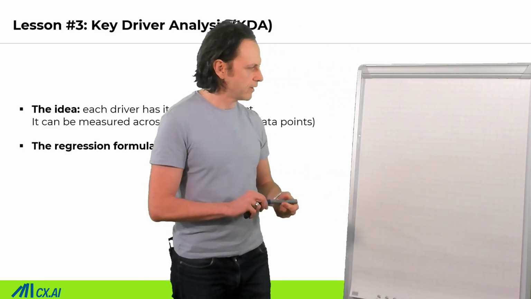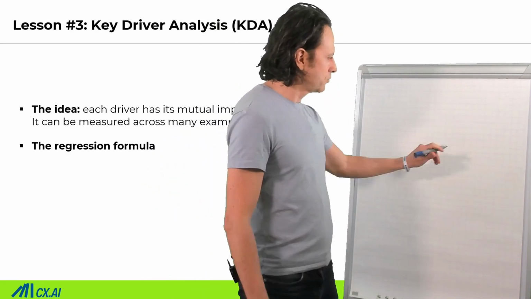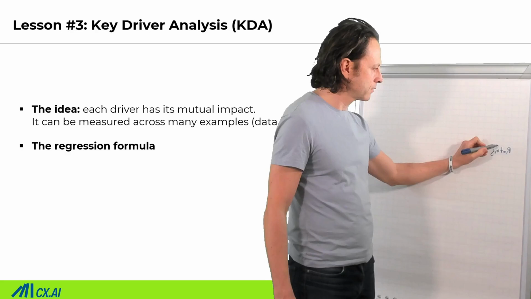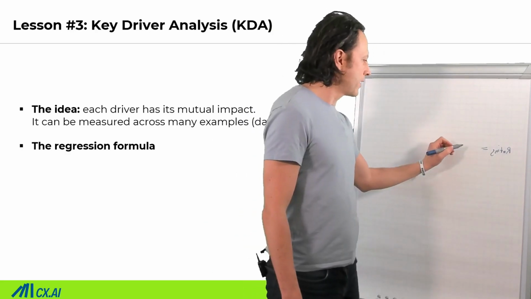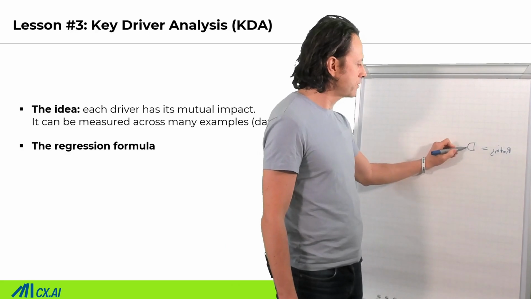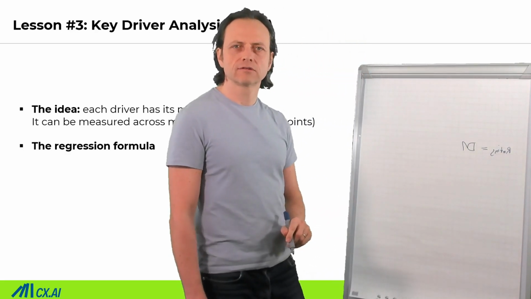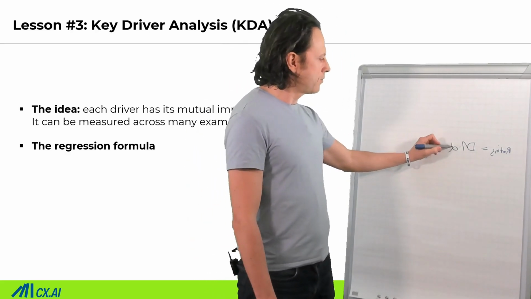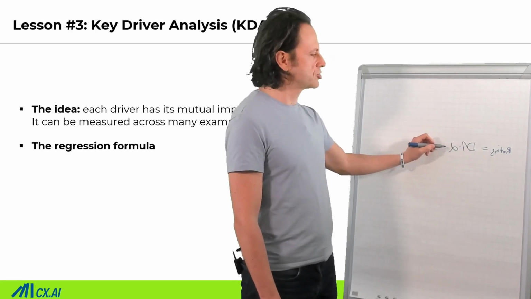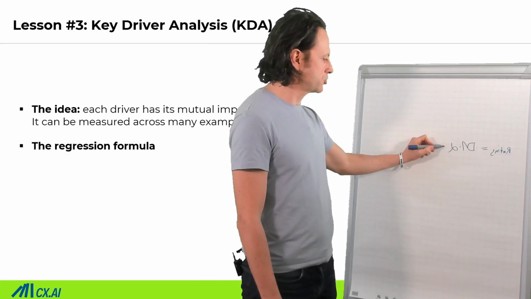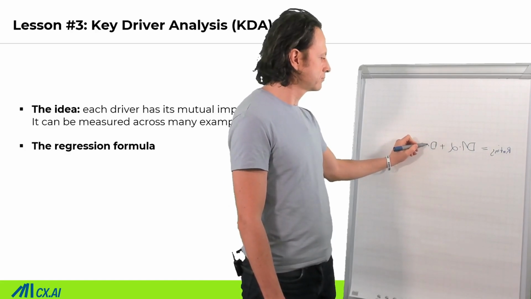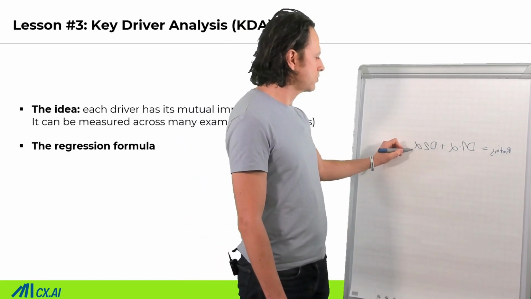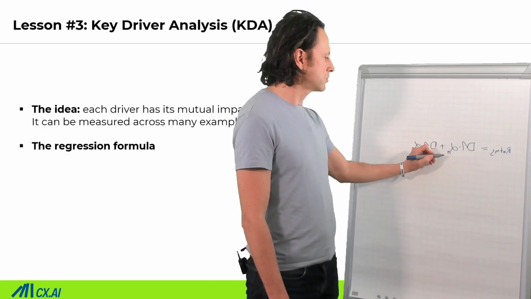It is basically the idea that you have a formula, where the outcome, let's say the rating, is determined by a driver. Let's call it driver 1, and this driver 1 gets a weight. Let's call this weight alpha 1. There is another impact which will cause the rating, which is driver 2, and this driver 2 gets another weight, alpha 2.